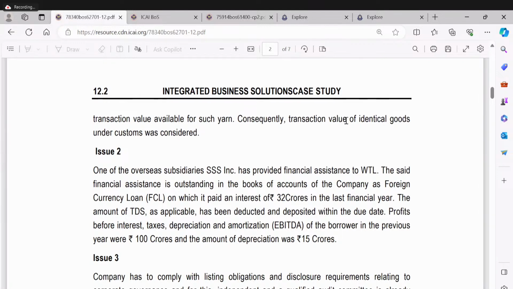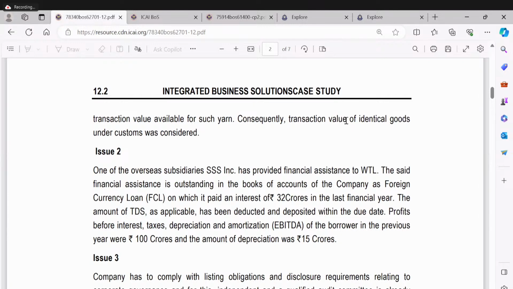Now, similar is the case for the customs law also. Under customs law, the assessable value is the transaction value of the goods which are being imported. However, where the transaction value is not available or transaction value cannot be accepted because the price is not the sole consideration or the transaction is between related parties, the same conditions are there for GST, and the same are there for customs also.